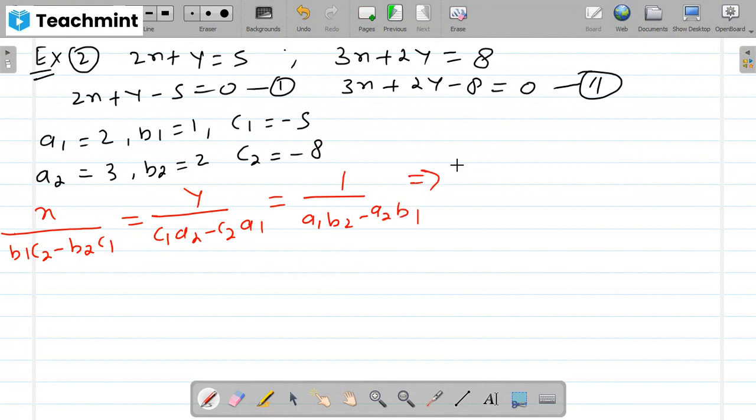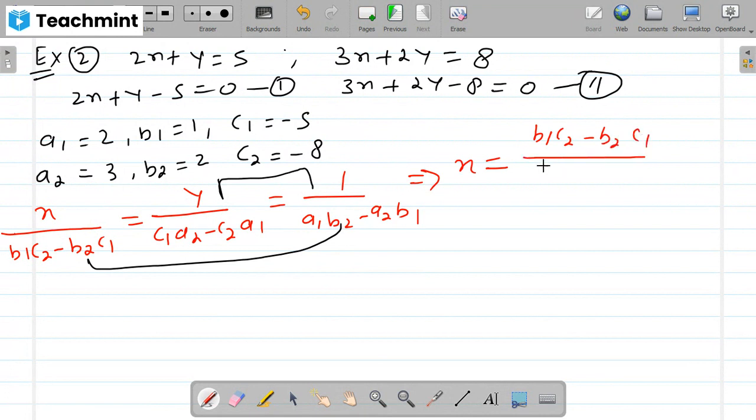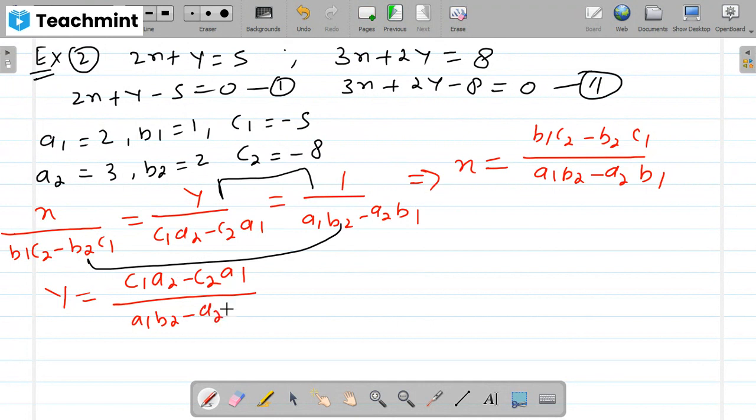If you want to find the value of x, so x equal, now taking the first and last part. And for finding y, taking this part, so there b1 c2 minus b2 c1 by a1 b2 minus a2 b1. For finding the value of y, now taking the last two parts, c1 a2 minus c2 a1 by a1 b2 minus a2 b1.